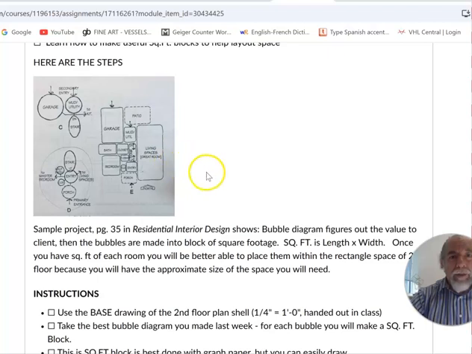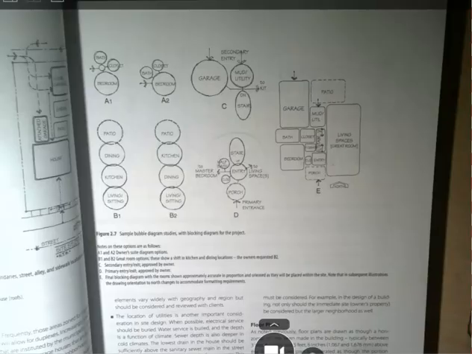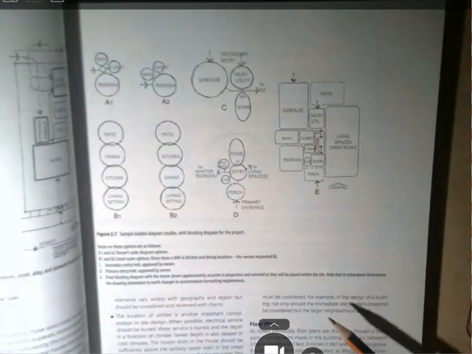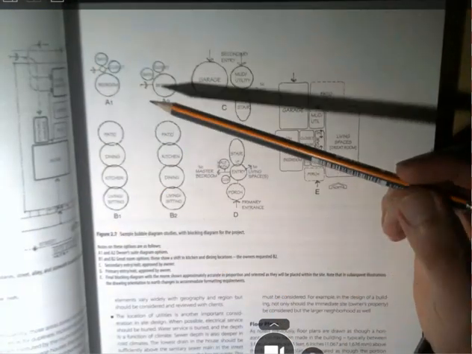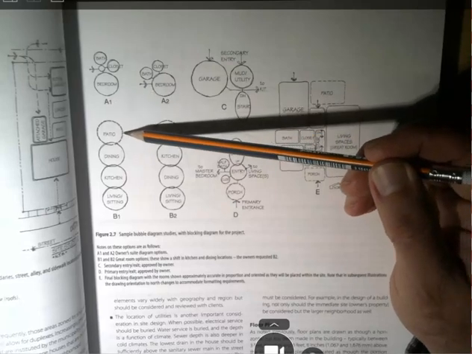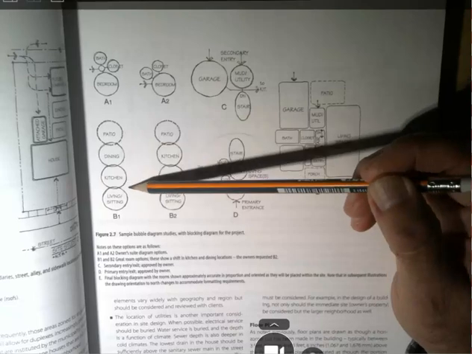Let's take a quick look at the textbook and see some of the helpful instructions that we can find there. Okay, so I'm taking a look here at page 35, and this is in the Residential Interior Design book. On page 35, we have isolated what the owner and the client is seeking in their work.